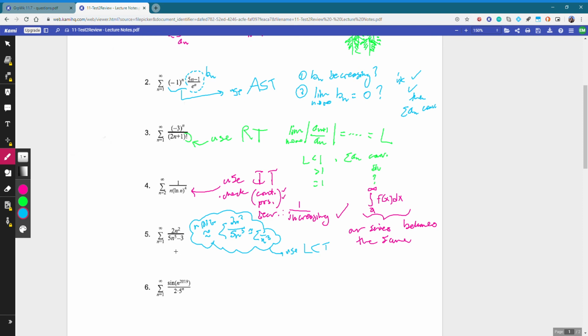With this one, if you were thinking direct comparison test, well, let's think through what would happen there. If we'd want to think about getting rid of the -3, we'd want to add 3 to the numerator, which would make the denominator bigger, which would make the fraction smaller.